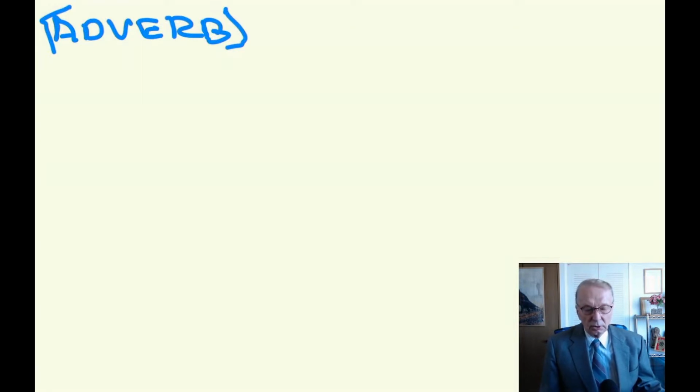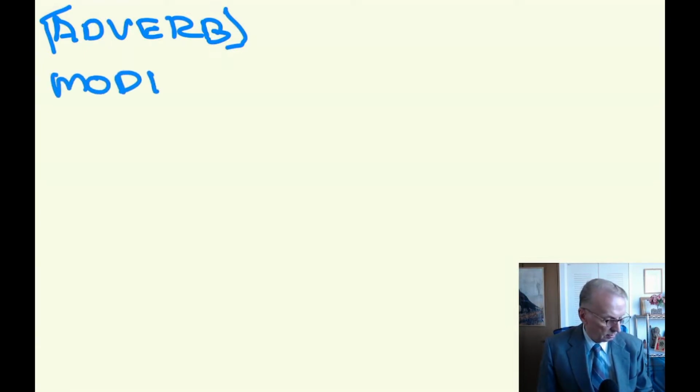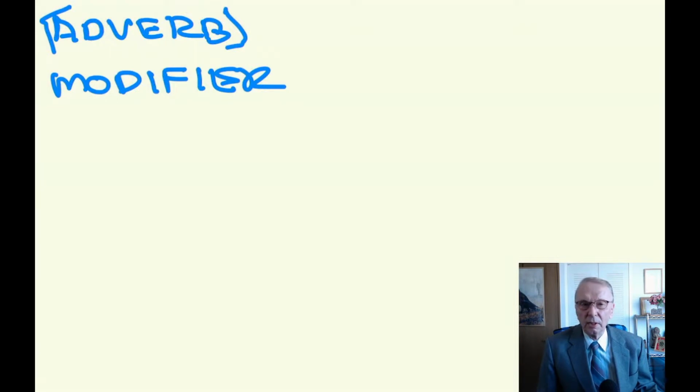An adverb is also what we call a modifier, and a modifier is shushokugo in Japanese. So a modifier connects with another word to give some kind of meaning to it.